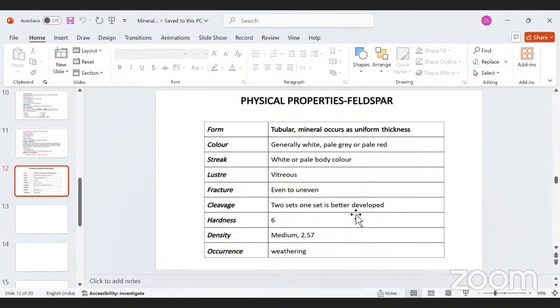So these minerals belong to the non-silicate minerals. From an examination point of view, short questions will be like: explain crystallography and minerals. What is the isometric system? Write examples. What is the monoclinic system? Explain with suitable examples.